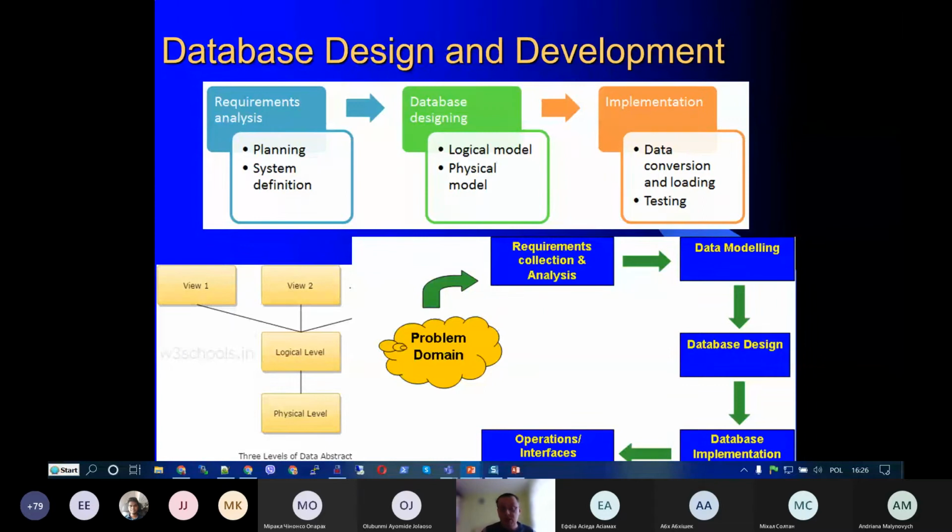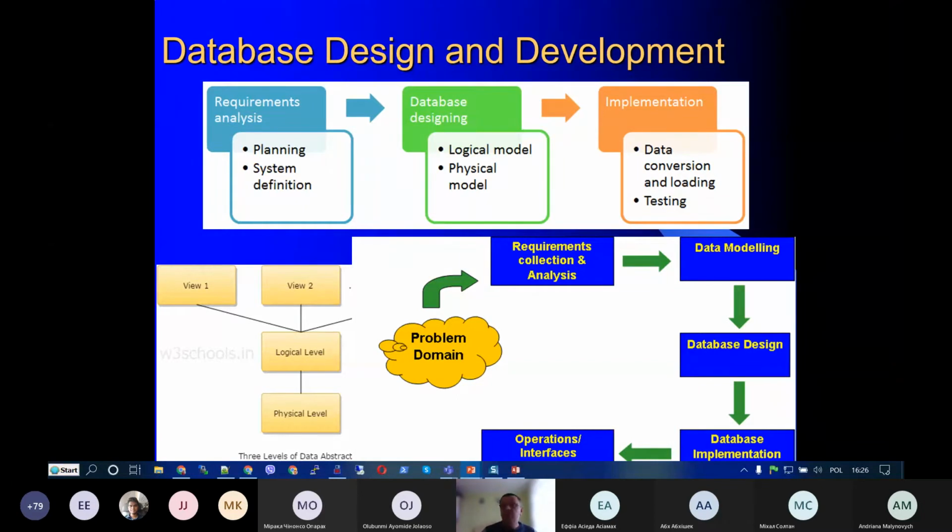First of all, it's a logical representation of our data structures, then decide about their physical implementation, and practically implement it with the use of a specific solution. If we look in more detail, at the bottom right side, you can see we still have to identify requirements and collect and analyze data, then perform data modeling, database design, implement it, and run it in production.